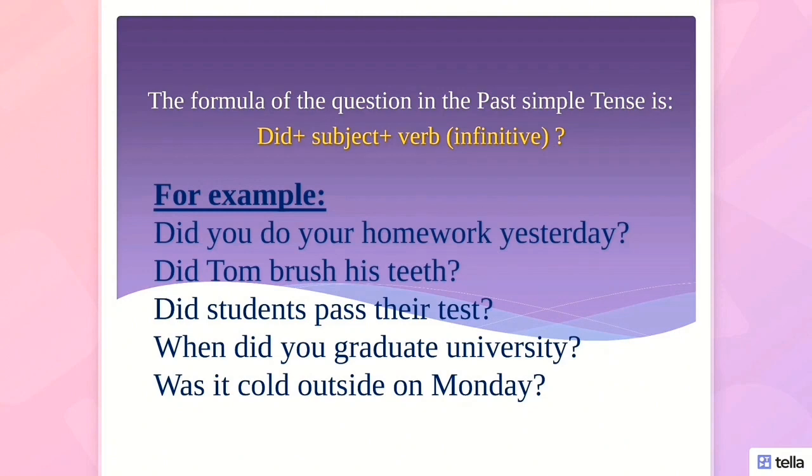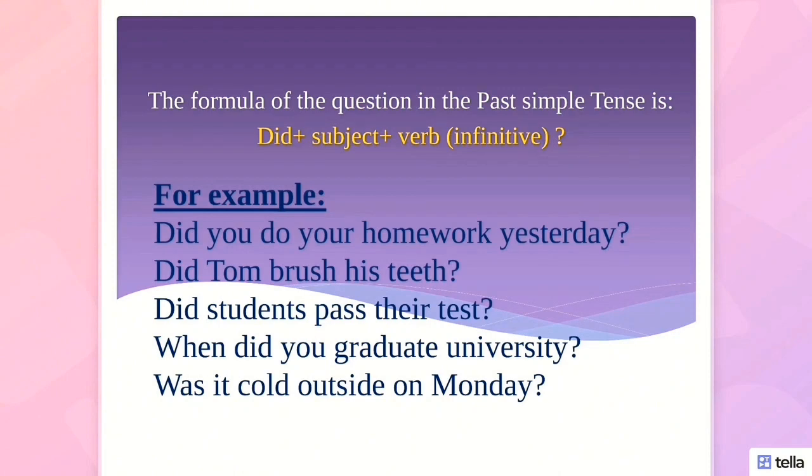And there is one more special thing about questions in the past tense. If our question doesn't have an action in it, then we have to use was or were instead of did. So if there is an action, we use did. If there is no action, we use was or were, as in the last example.